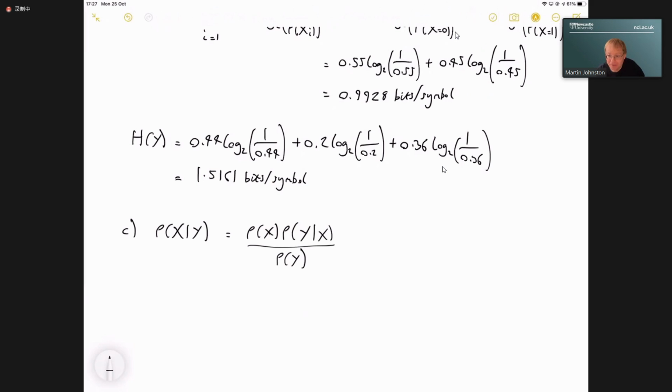We've calculated all these terms. Now remember, one that always catches people out, this term here, is P or 1 minus P. If Y and X are the same, that's 1 minus P. And if they're different, then it's P.